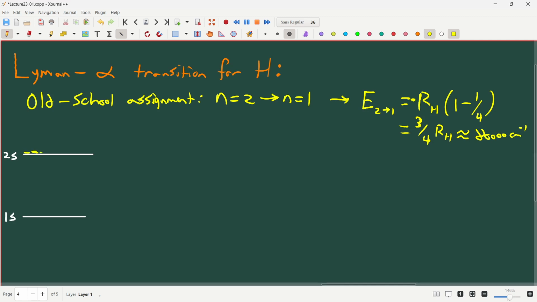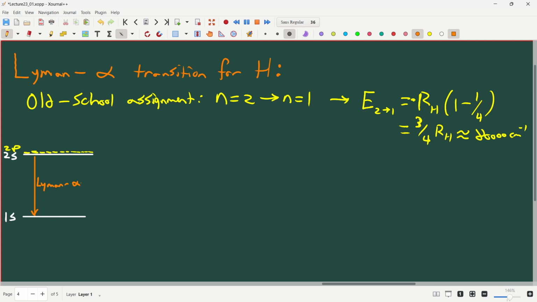They're degenerate with the 2s. They're at the same energy, so all the 2p's are right here as well. And Lyman says my transition is this. This would be a singlet from the 2 to 1, and it's at 3/4 of the Rydberg.